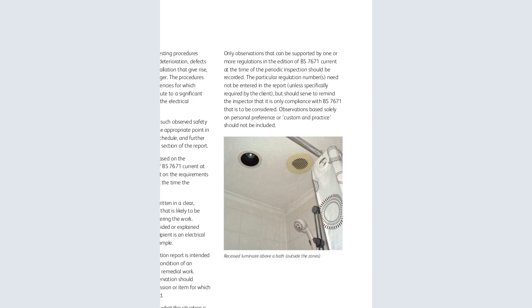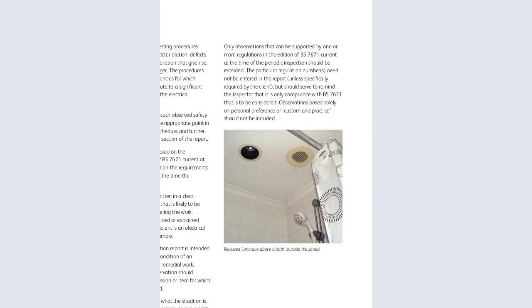The inspector should be reminded that it is only compliance with that code that is to be considered. Observations based solely on personal preference or custom and practice should not be included.